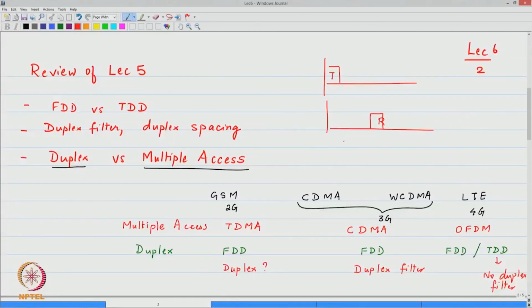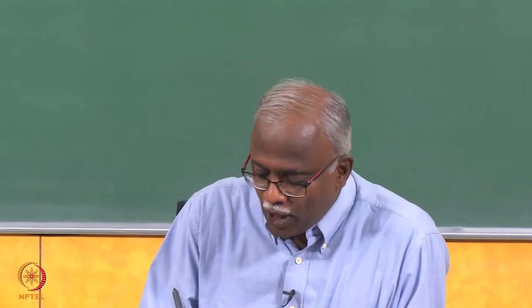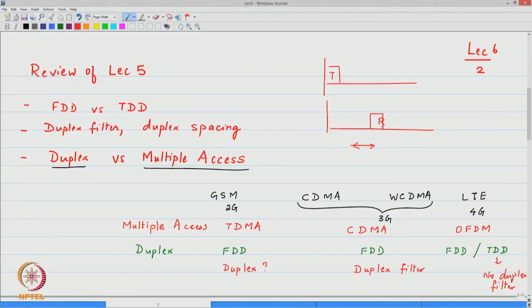Essentially because of this spacing between transmitter and receiver timing wise, we do not require a duplex filter. So, TDMA in the case of GSM, a duplex filter is not needed for a single slot operation, because you can have them separated in this fashion. So, the answer for this would be no for single slot operation.